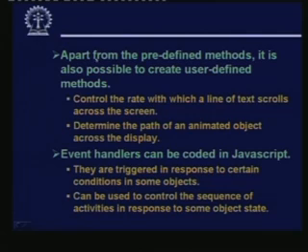Now, in addition to such methods which are explicitly called, you can have event handlers coded in JavaScript. Now, let us try to explain here what is meant by event handlers. Most of the modern languages support event handling.